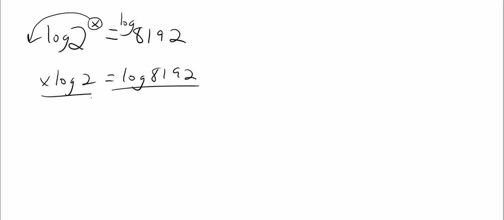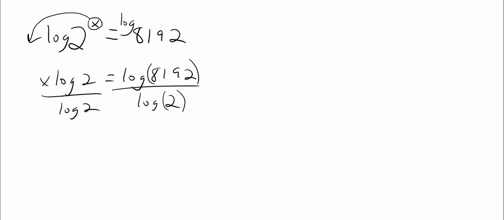You divide both sides by log of 2. Okay, so I'm going to do this in my calculator, and I'm going to put parentheses, log of 8,192. You guys should try this in your calculator to practice. Divided by, don't forget to close the parentheses, right? So I'm going to put this in parentheses, divided by log of 2.